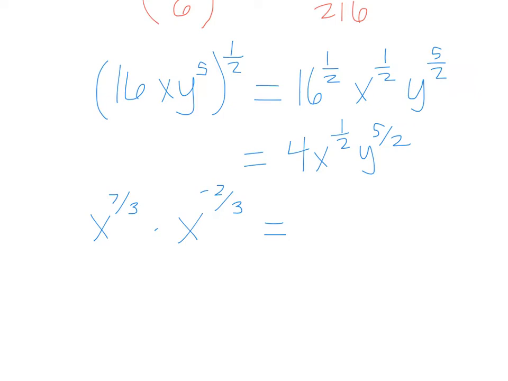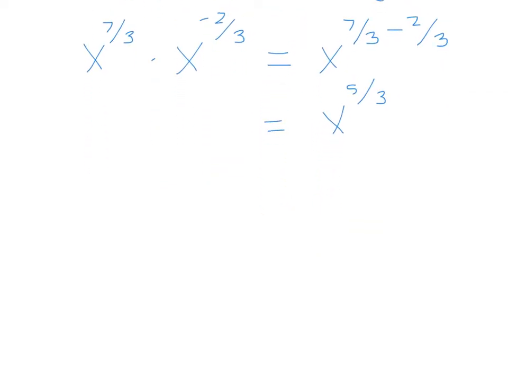So we have the same base x, and we have different exponents, so we can write that base x one time, and we can add the exponents. So we're going to add 7/3 plus negative 2/3. We end up with x to the 5/3. So the base x is showing up once, and we have positive exponents.